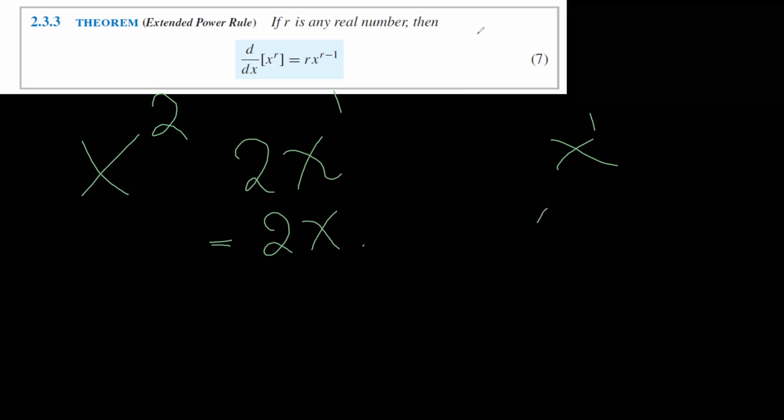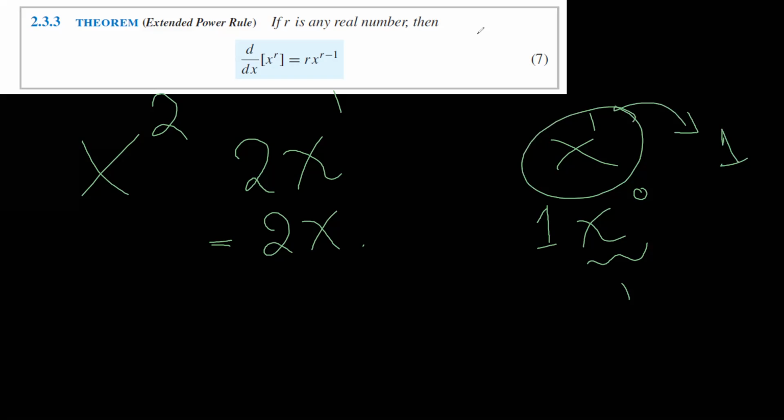It will be 1 times x raised to the power 0. And x raised to the power 0 is what? 1. So the derivative of x is always 1. Okay.